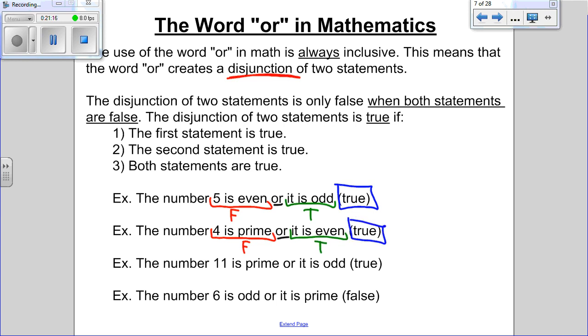Below that, the number 11 is prime. It cannot be divided by anything, so the first statement is true. Or the number 11 is odd. That's also a true statement. Both statements are true, so the overarching thing is still true.